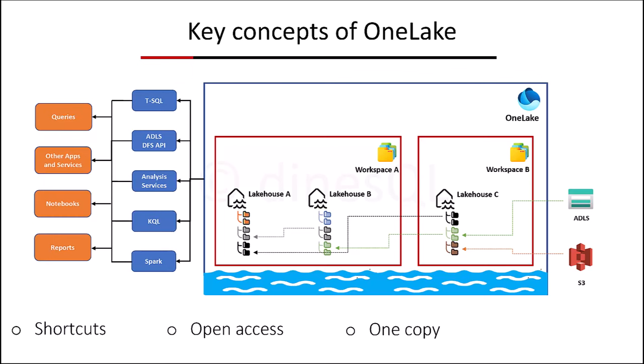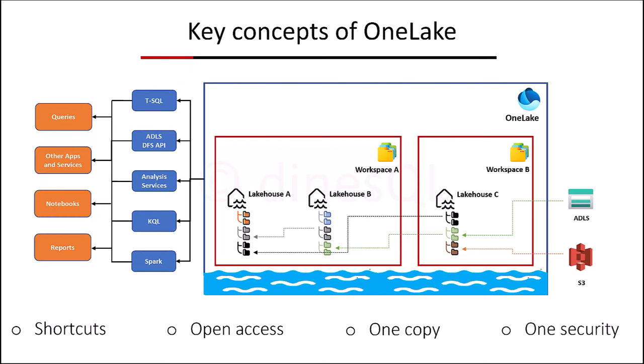You don't need to create duplicates. You don't need to maintain multiple formats of the same data. So OneLake simplifies the process, right? Any application, any engine, any person can simply use multiple techniques for accessing the same dataset. That's what we refer to as one copy.